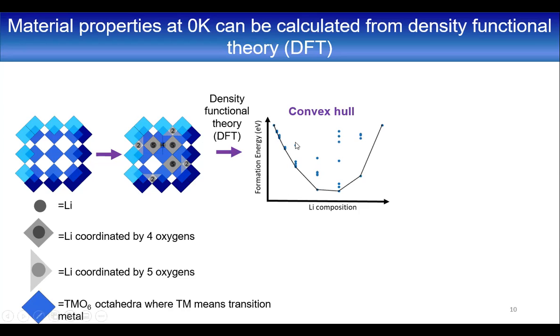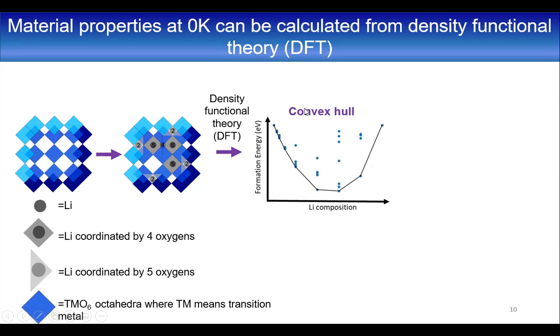You might notice that there are multiple formation energies for different compositions. If I take this lithium right here and pop it right there, that's going to have a different energy. It might be lower or it might be higher. And the energies that are lowest per composition are the ground state energies, the lowest energy configuration at that composition.